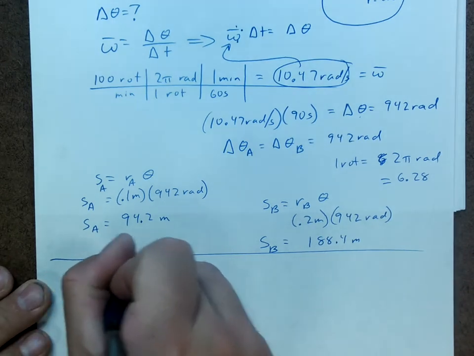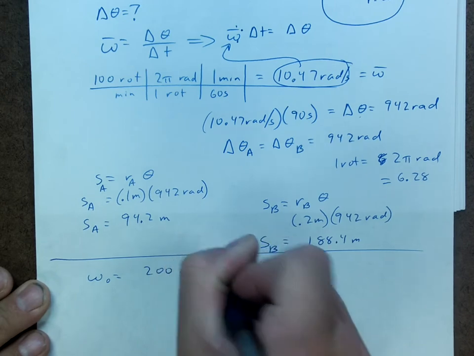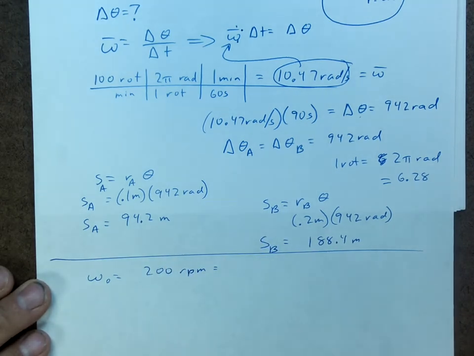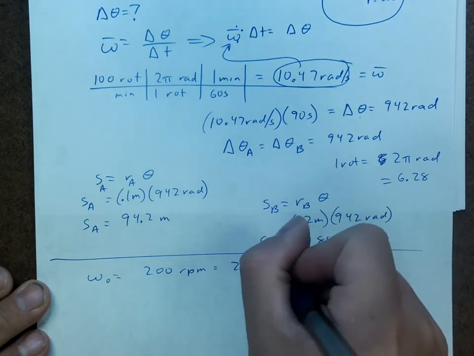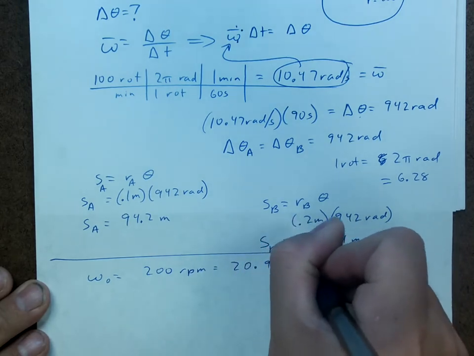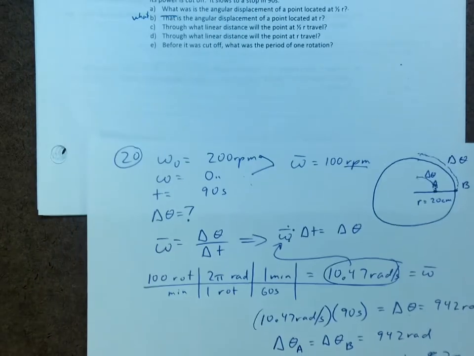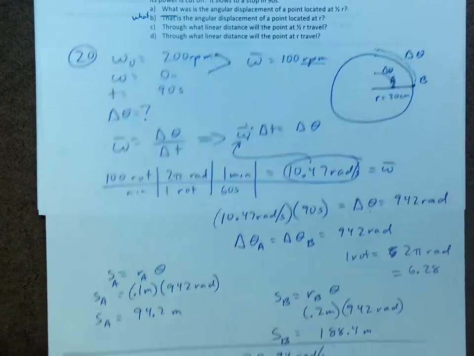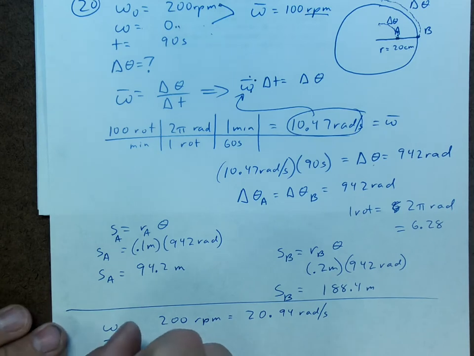So it had an initial angular speed of 200 RPMs. When you convert that to radians per second, that's 20.94 radians per second. And the question is, if you're going that fast, what is the period of one revolution?